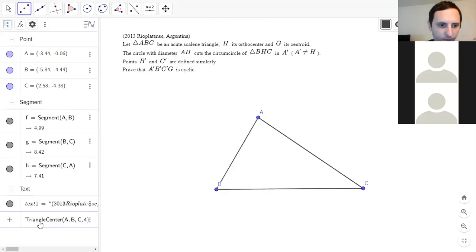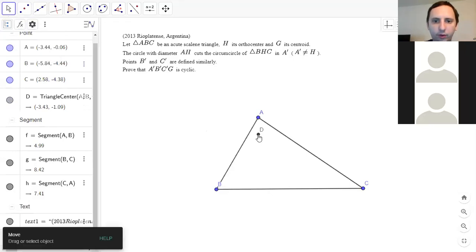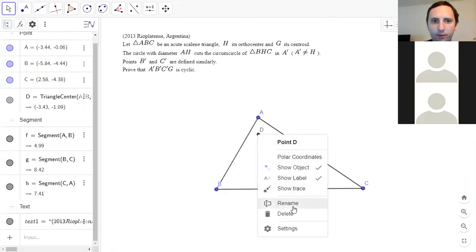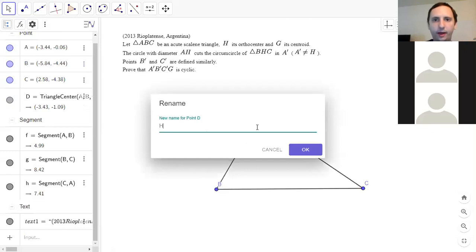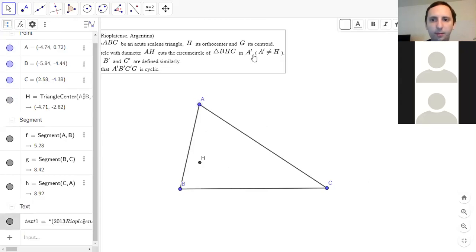All right, so that's the orthocenter. I'm going to call it H. So the circle with diameter AH cuts the circumcircle of BHC at A prime. Now that's actually the A-Humpty point.